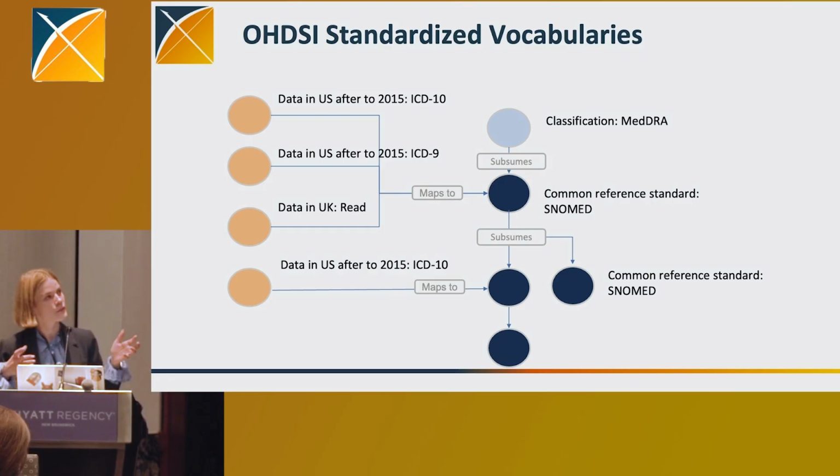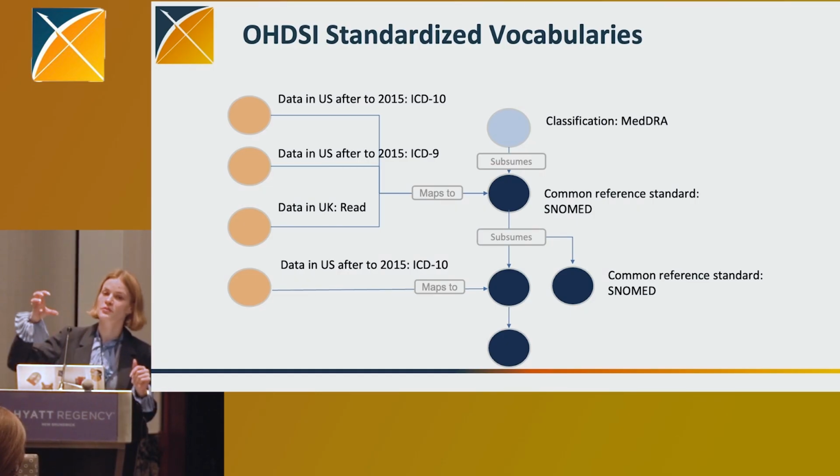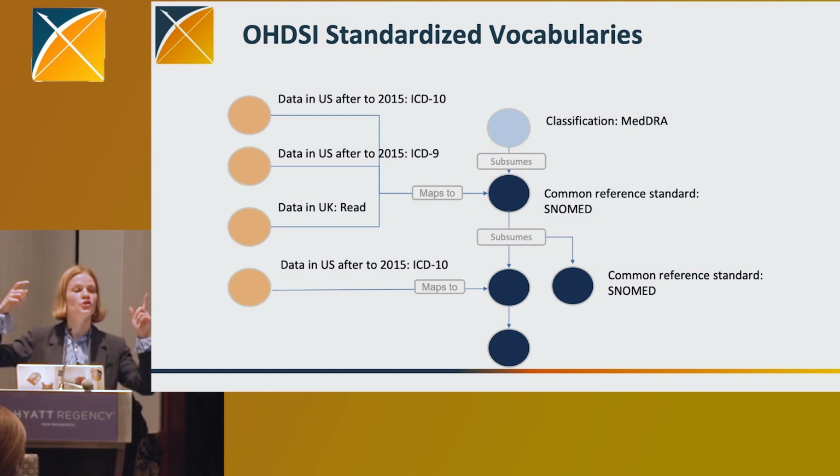And we also add vocabularies that can sit on top of the reference standard that are classificational vocabularies. For example, in the condition domain, it's MedDRA that can be used to find groups of diseases. SNOMED can be used for that too, but the point here is that we sometimes attach these classificational terms on top of the reference standard to make it easier for you to create concept sets.